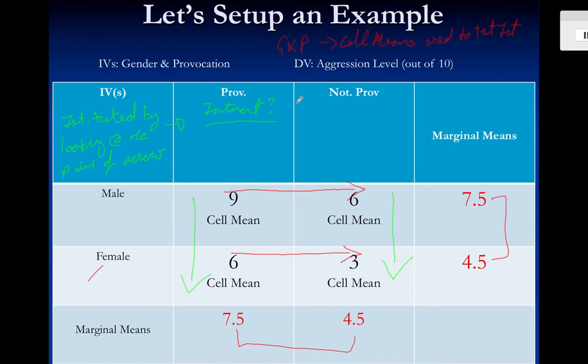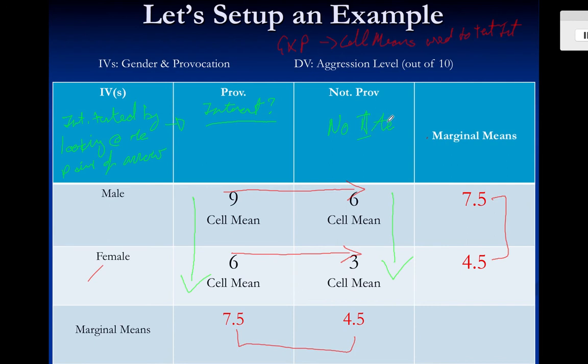So in other words, do the arrows point in the same direction? The answer in this particular case is yes. Now I look at the green arrows. Do the green arrows point in the same direction or opposite directions? They also point in the same direction. So since all the arrows point in the same direction, there is no interaction. Okay?